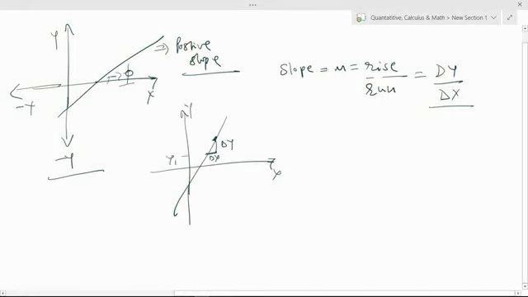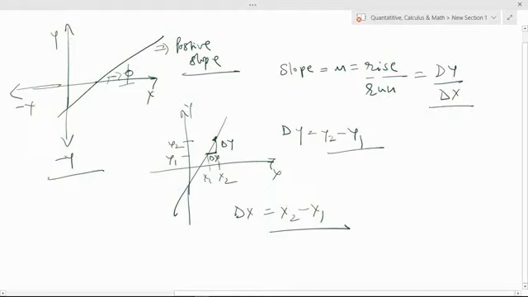Let's take this as y1 and this as y2. So delta y is nothing but y2 minus y1, whereas the change in x, delta x, which is the incremental value of x, is x2 minus x1.